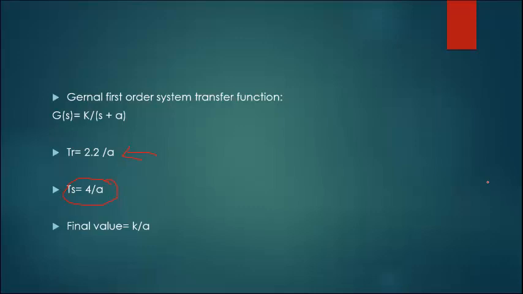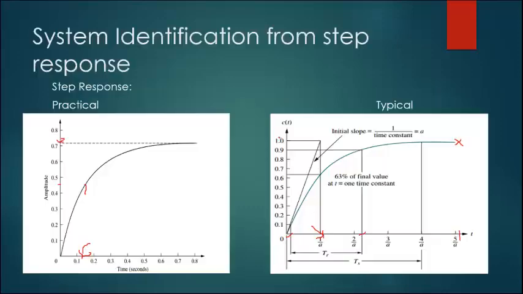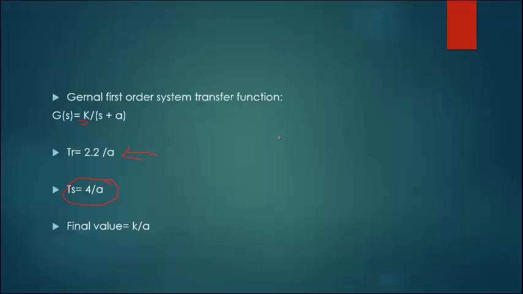And finally we have to calculate the value of k in the transfer function, and we basically get that from the final value of the system response, because it is affected by the gain. If you do the calculations and you apply the step input to your system, and you take this transfer function and do the inverse Laplace transform and so on, you will end up with two terms, a forced response and a natural response.